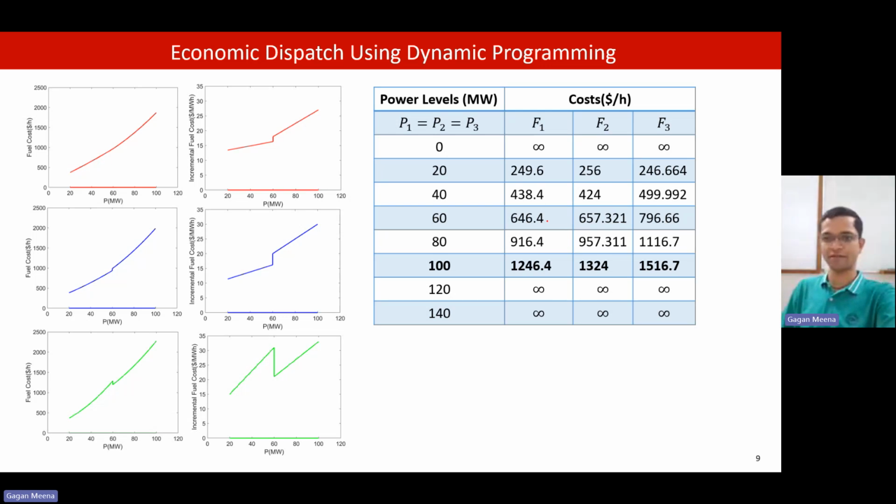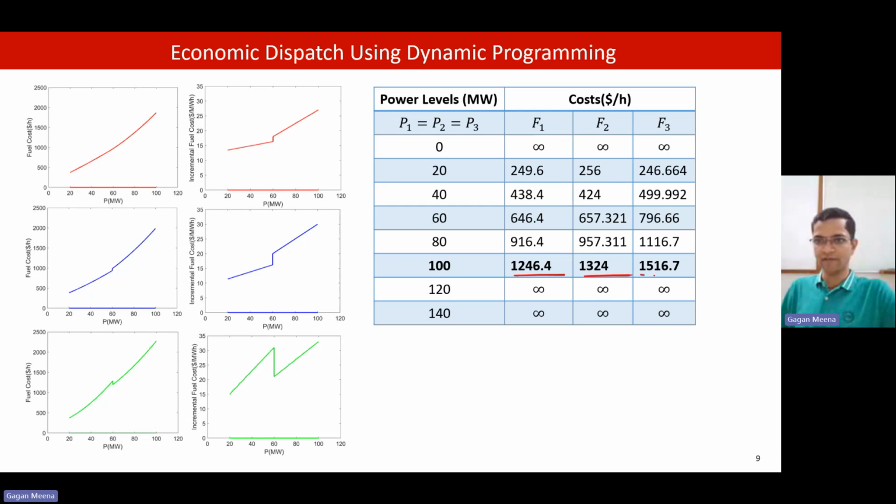Okay, that will change. But here you can calculate F1, the cost of generation for each of these 5 points: 20 minimum, maximum, and 3 points in between. For 100, this is the maximum generation possible for each of the generators or units. And cost is this.